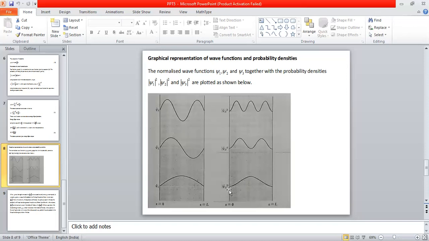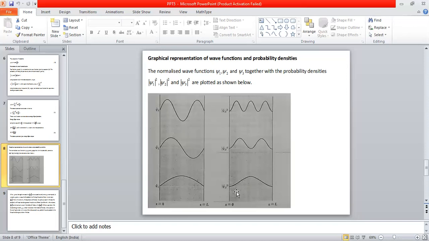And the probability of finding the particle at the two extreme positions, x is equal to 0 and x is equal to L, is 0. So for the case n is equal to 1, the ground state, we have one antinode and two nodes. Antinodes are the points where the probability of finding the particle is maximum.